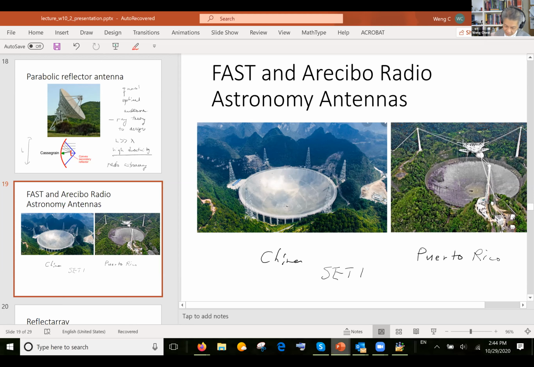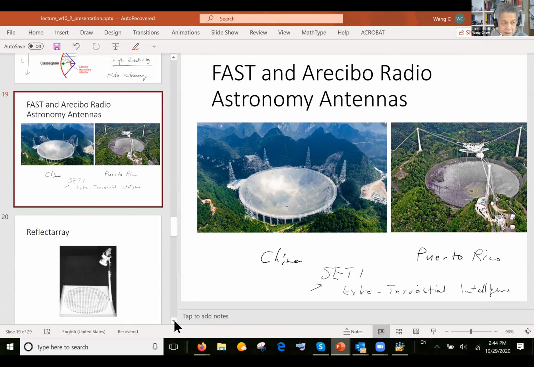I don't know what S stands for now, but this is extraterrestrial intelligence. Maybe it stands for science.